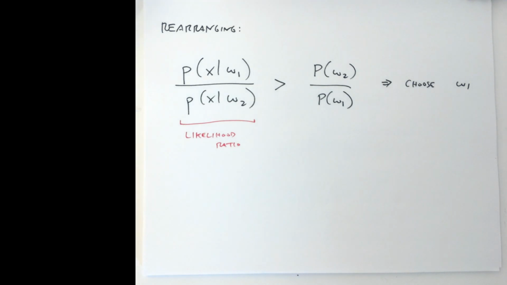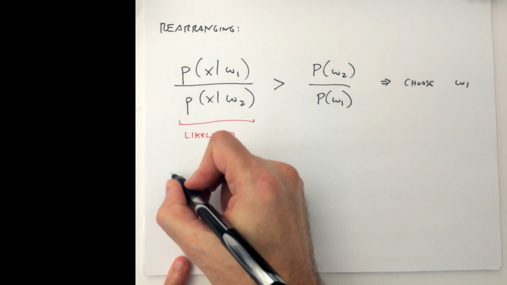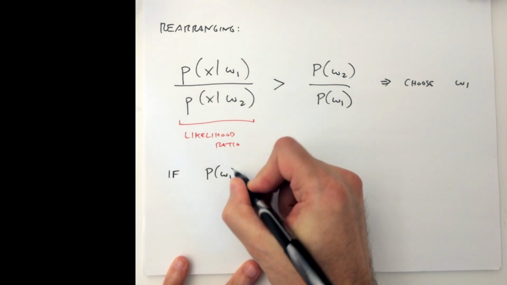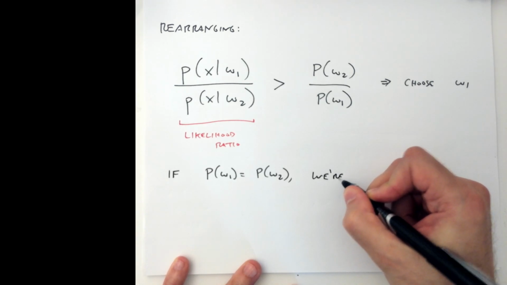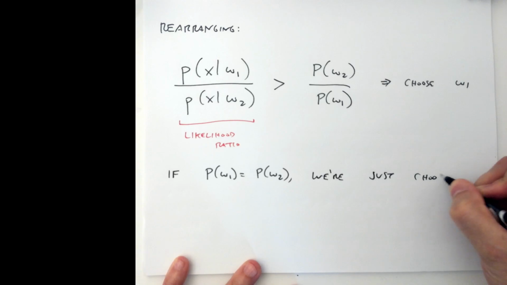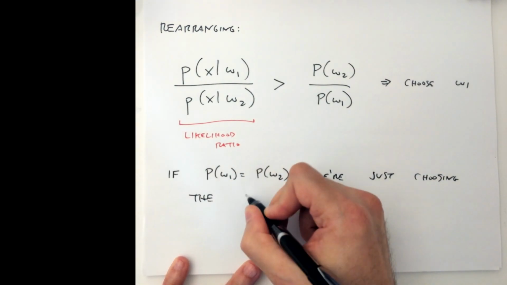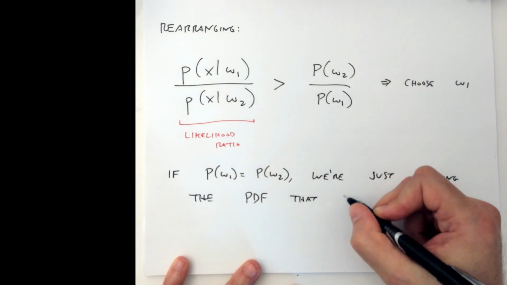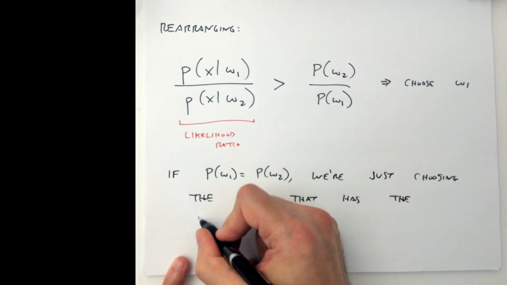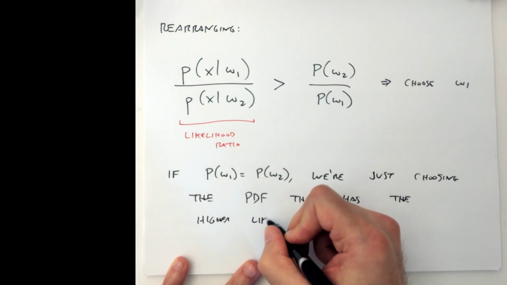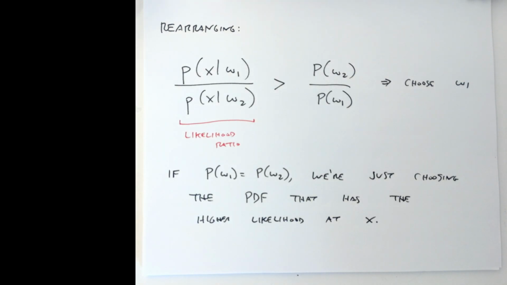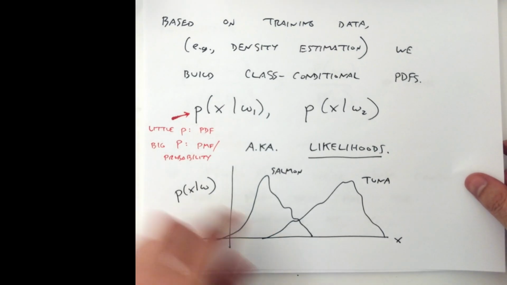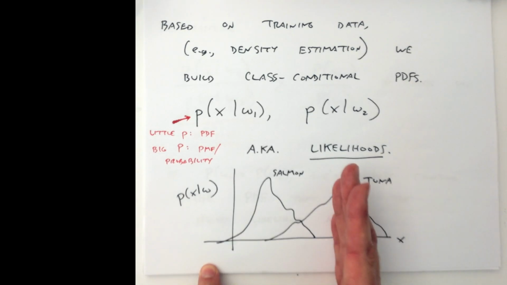And that's an important thing too, which is to say that if the priors are equal, then we're just choosing the PDF that has the higher likelihood at X. So it's like saying, all things being equal, I look at this graph and decide which of these curves is bigger at my point, right?